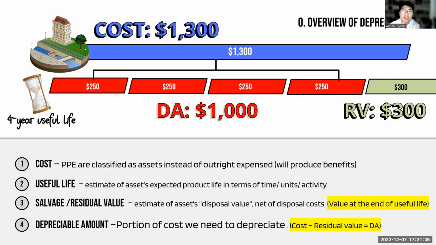Your useful life is your method of allocating your depreciation, either in terms of units or time or activity. Your salvage value is the value that your PPE should be at the end of the useful life. So after 4 years, the residual value is 300, right? So I can sell it for 300. And yung depreciable amount, which is just basically cost minus residual value, or 1,300 minus 300, is your depreciable amount, which is 1,000.